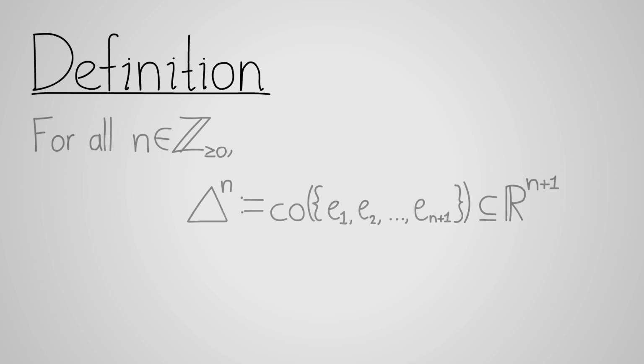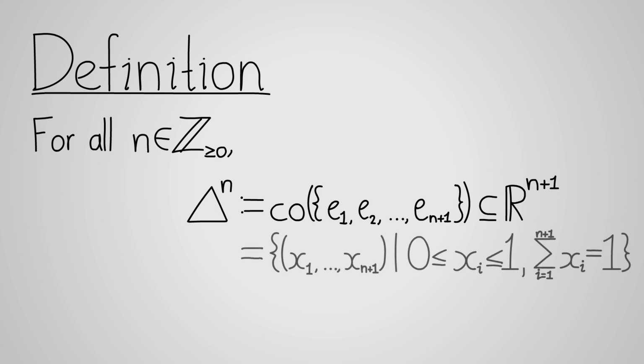So, definition. The fixed, standardized simplices that we'll use to do our bidding are the so-called standard n-simplices, written for each n as delta n, defined as the convex hull of the standard basis vectors in Rn+1. Equivalently, the set of coordinate vectors in Rn+1 whose components are non-negative and sum to 1. So, delta 0 is the subset of R1 which contains just the number 1.